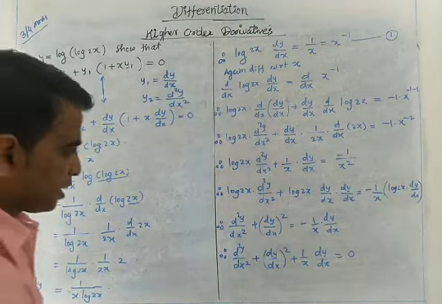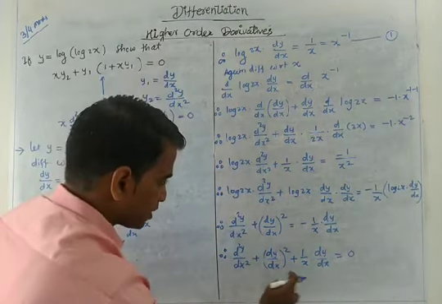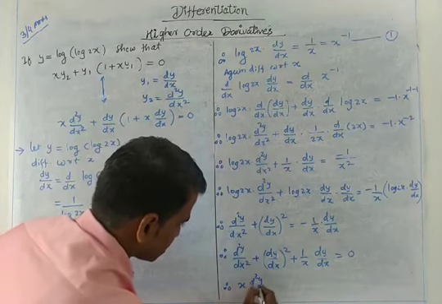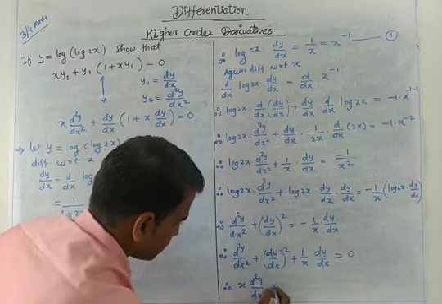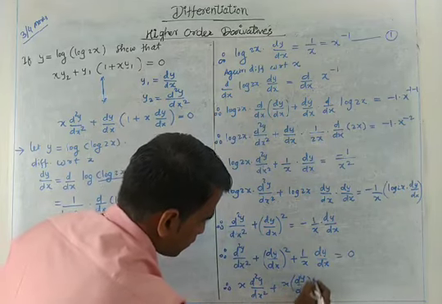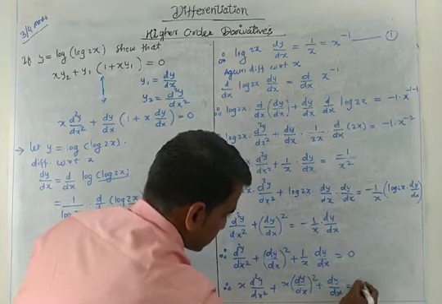Okay, now I am multiplying with x on all sides, so we will get x d square y upon dx square plus x dy by dx bracket square plus dy by dx is equal to 0.